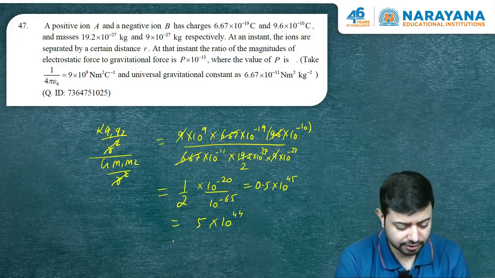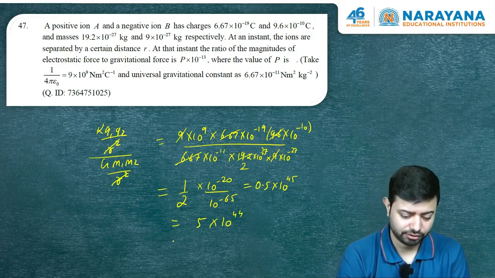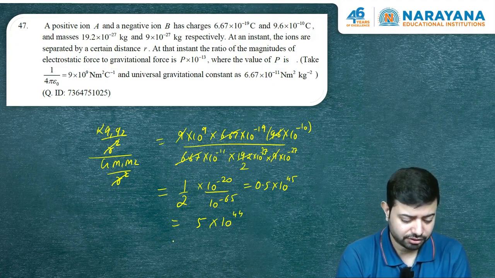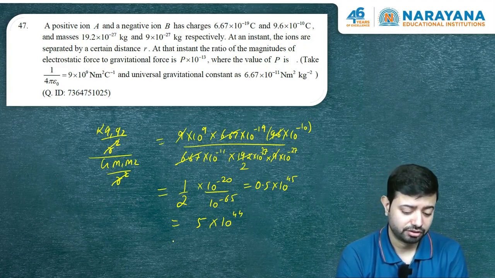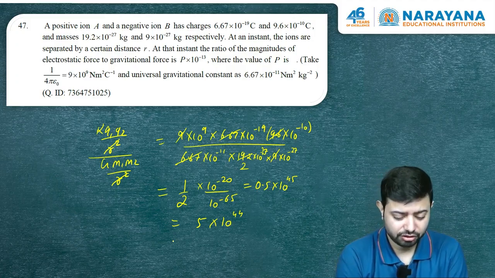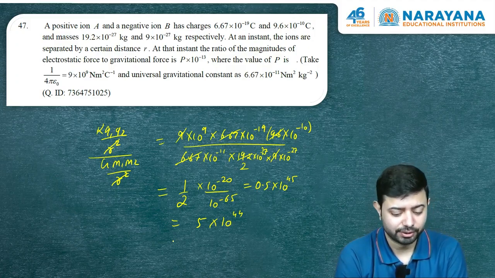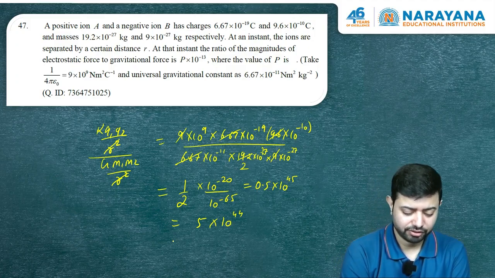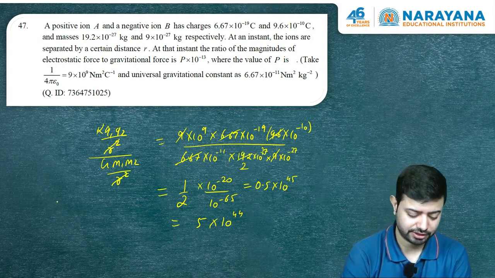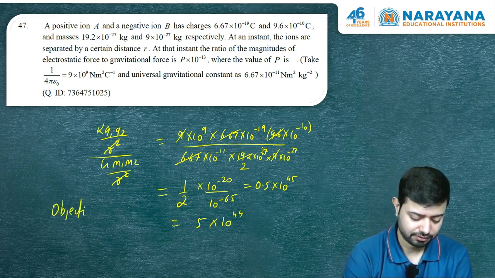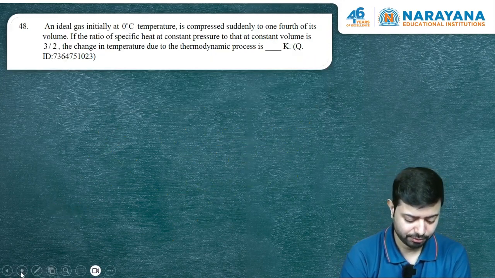So, I think this should also be getting objection over here. The ratio of magnitude of electrostatic force to gravitational force should actually be large, right. It should not be something like 10 to the power minus 13 over here, all right. So, therefore, this question is also not written properly, and obviously, this will go into objection. Okay. Let us move to the next one.